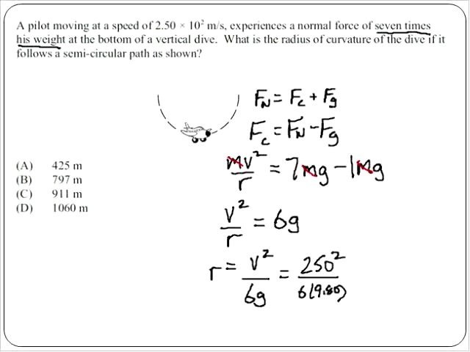And if I do that, I will get 1,063, which rounds off to 1,060 meters when I put 3 significant digits there. And I'm allowed to use 3 because the only number I was given in that question had 3. So there's the answer. You don't seem to be given a lot of information, but there is enough information there to solve that question.